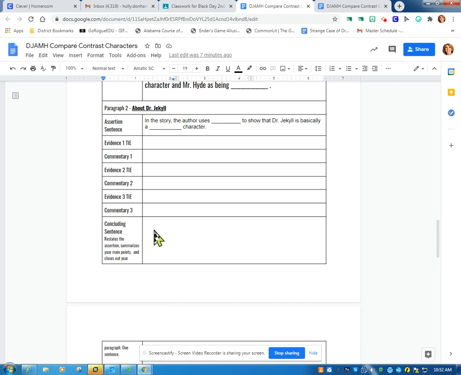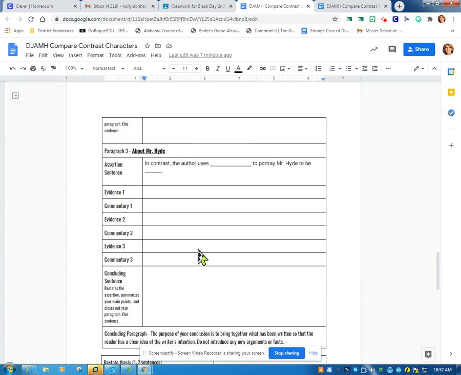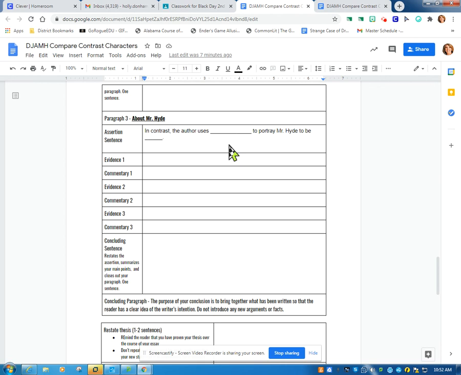And then your concluding sentence, you're going to need to make that up on your own. It restates the assertion, which means it's going to restate this sentence in different words, summarizing your main points, and closes out your paragraph. Okay, so you got to come up with your own conclusion sentence. And then you're going to do the same thing for Mr. Hyde.